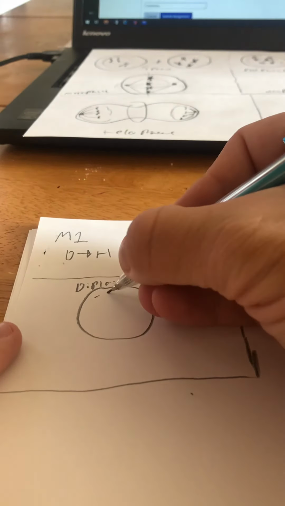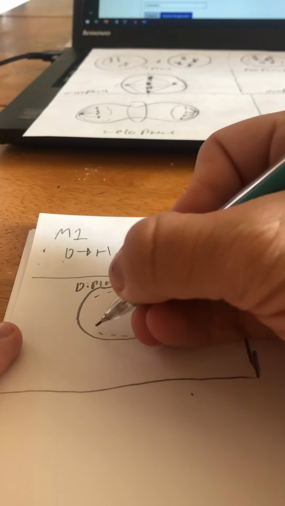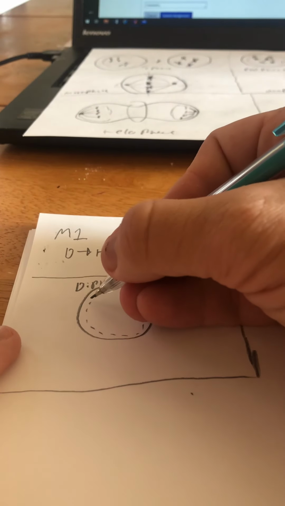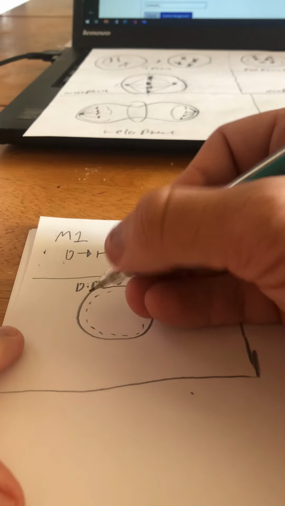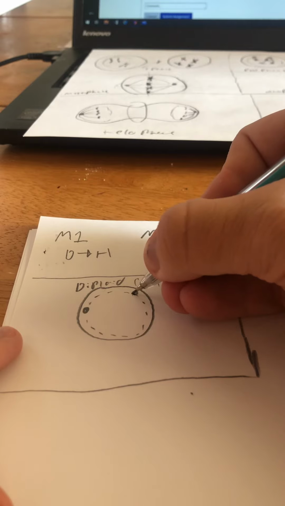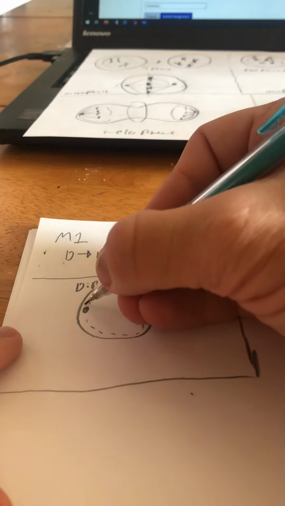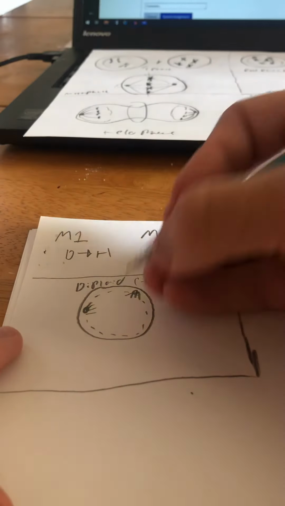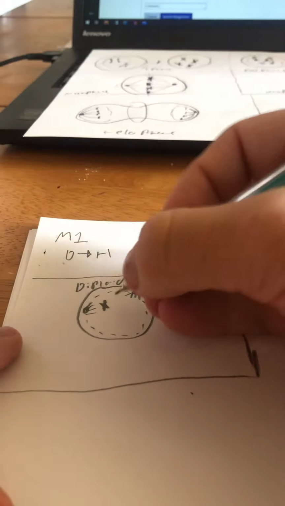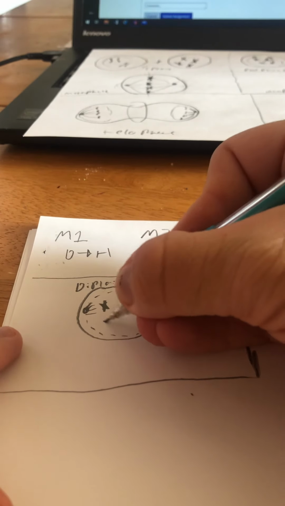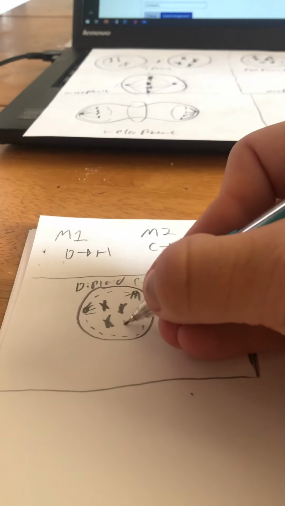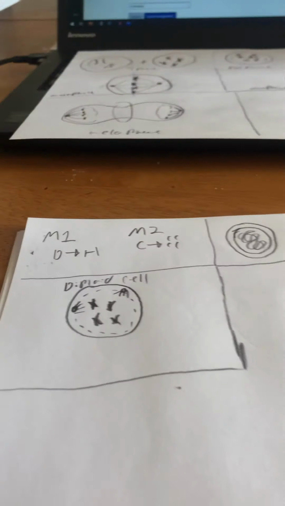The most important part is that your nuclear envelope fades away and your microtubules start to develop out of the centromeres or centrosomes, and your chromatids line into chromosomes proper, kind of like that. I'm going to draw one more for continuity. This is prophase 1.